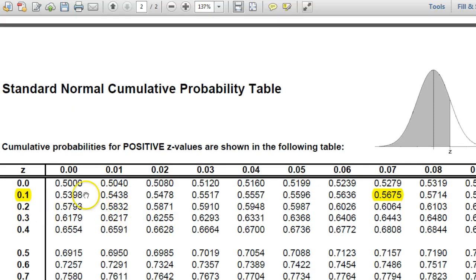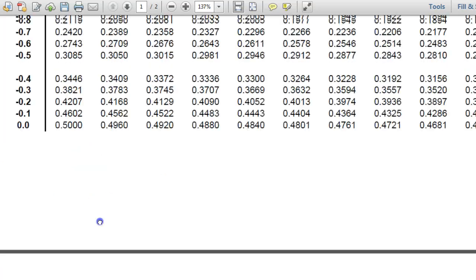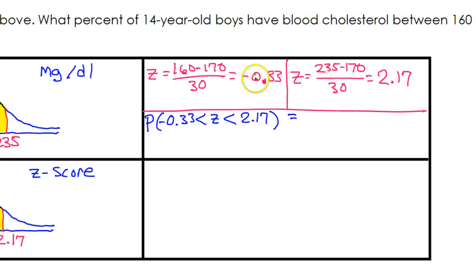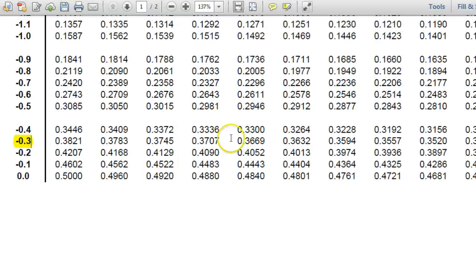Negative 0.3 is right here. Now it's negative 0.33, so this is the 0 column, 1, 2, 3. So this is 37.07%.